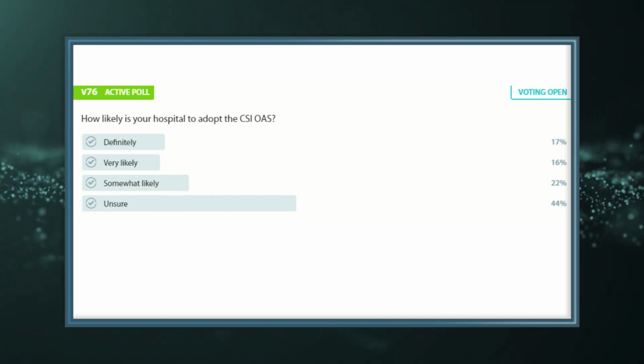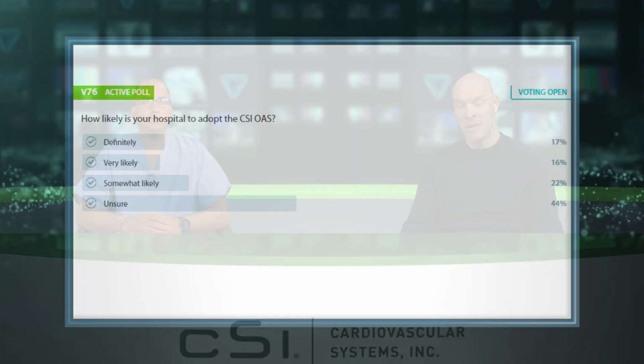So I think there is quite a market and quite a need, I would say, for additional technologies to treat these calcified lesions. With that said, would you still have all these devices on the shelf, Ajay, or would you be more selective if you were the director of, let's say, a peripheral non-academic center?